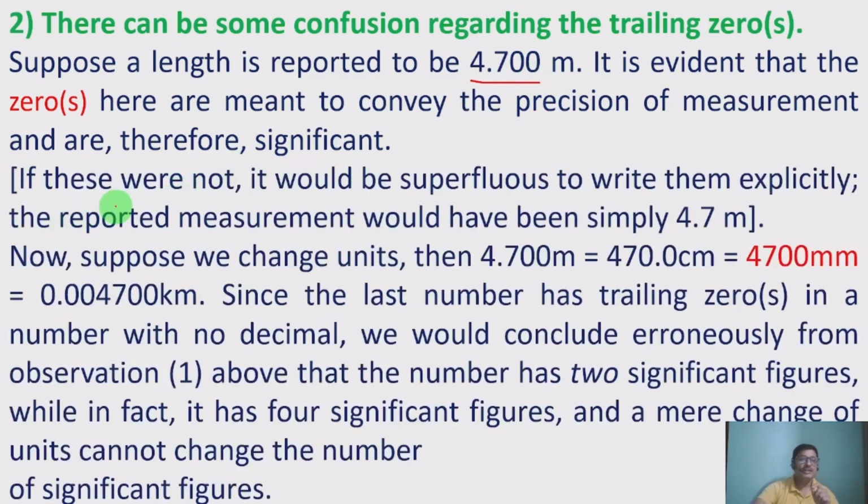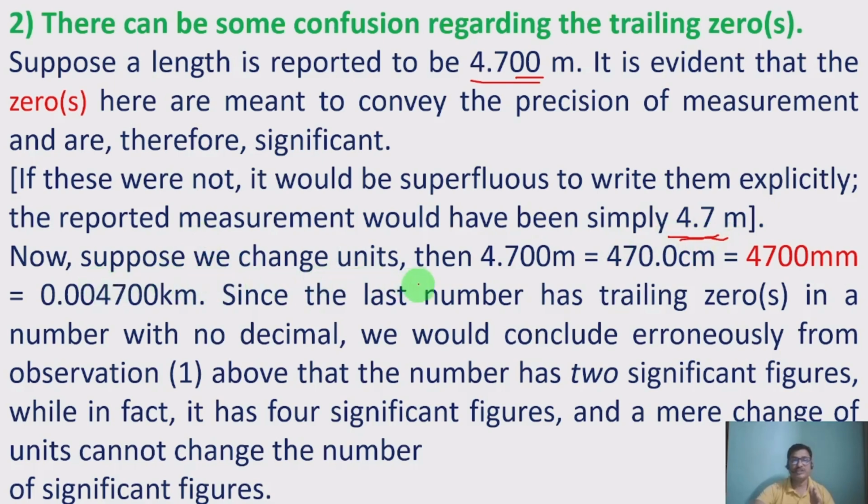If these were not significant, they would be surplus. To write them explicitly, the reported measurement would have been simply 4.7. If it is a reported result, if it is 4.7 meter only, then we continue that discussion.